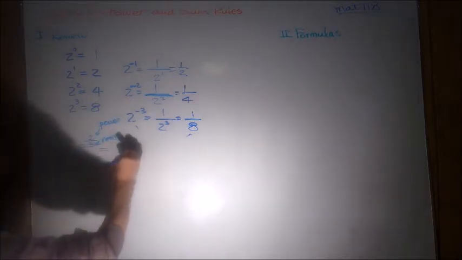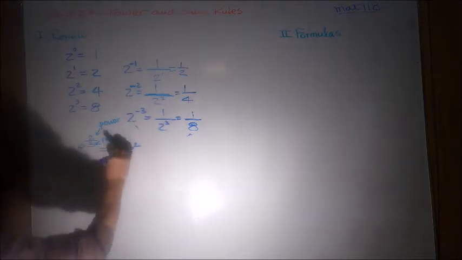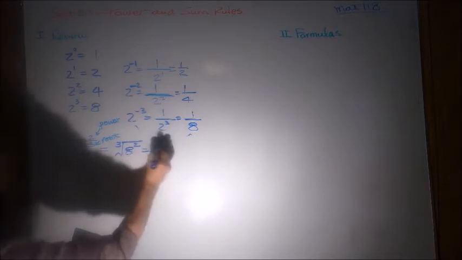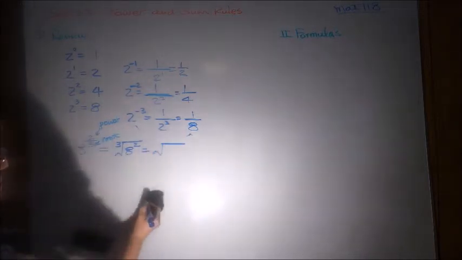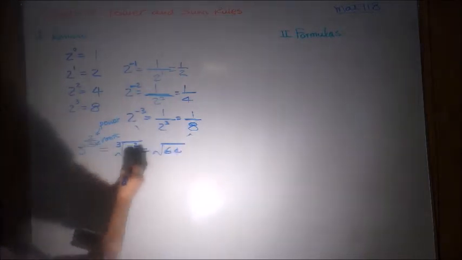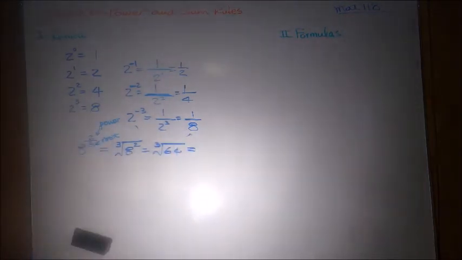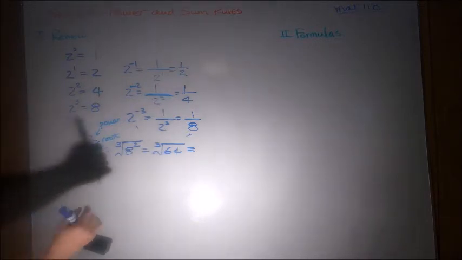So how should we interpret this one? If you do the power, then you take cube roots. So 8 squared is what? 64. Then the cube root of 64. Something multiplied 3 times will be what? 64.